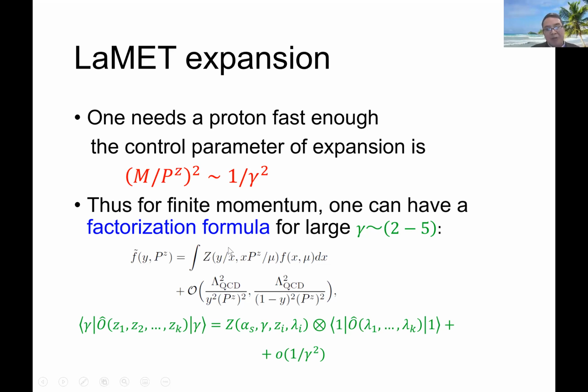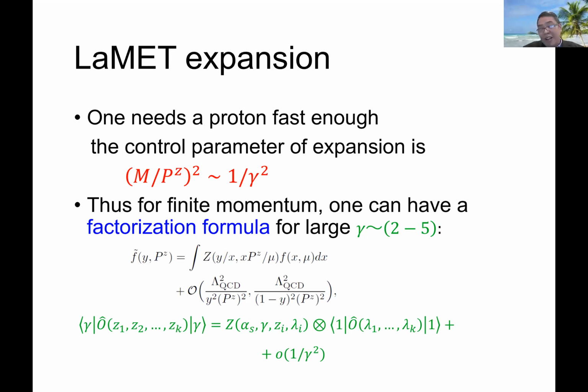Z is a perturbative factor you can calculate to some order in perturbation theory. And then you have power corrections. Those power corrections are related to the size of the momentum that you have, but also to the fraction of parton momentum. As you can see, this calculation will not be very good at y close to 0 or 1. So if you have partons moving very fast or very, very slow, that expansion is not going to be good.